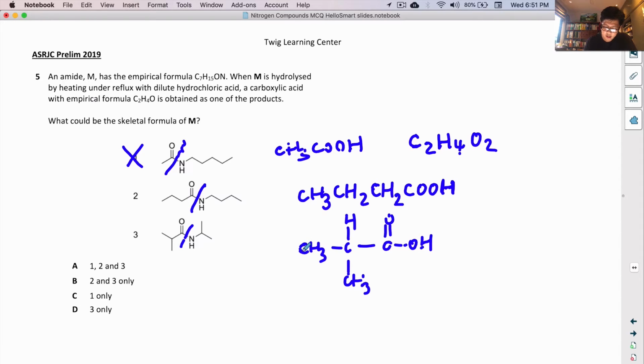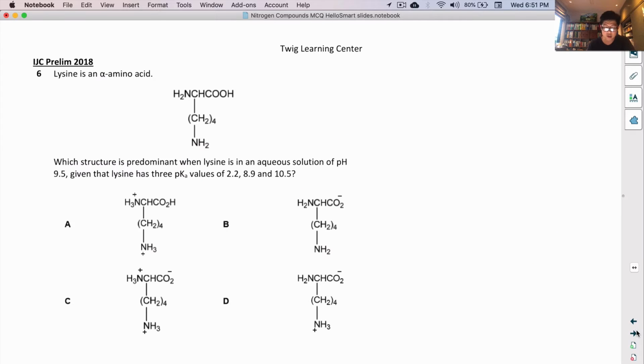And you realize that these two, 1, 2, 3, 4, the molecular formula is C4H8O2, right? And the empirical formula will of course be C2H4O. So which means the answer is 2 and 3. I hope you got B for this one. Okay, let's look at the next question.